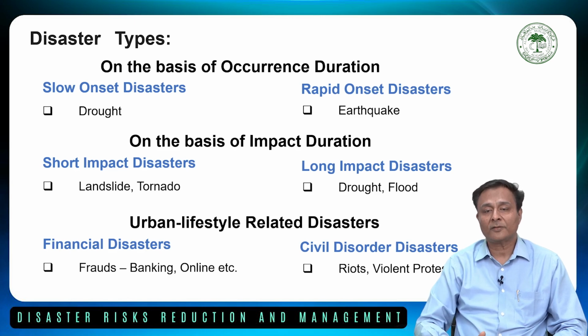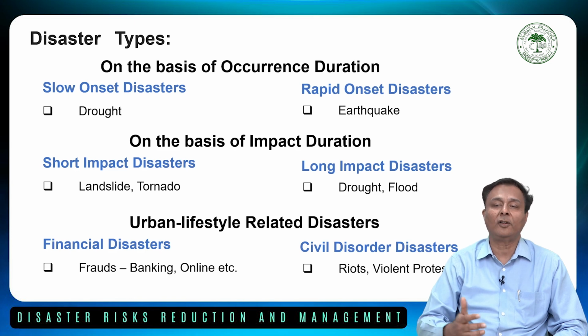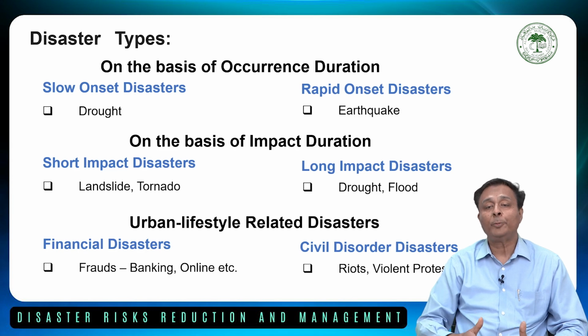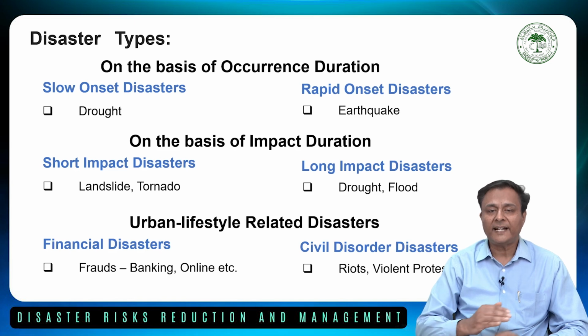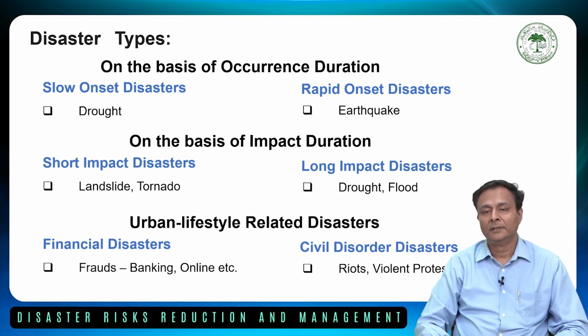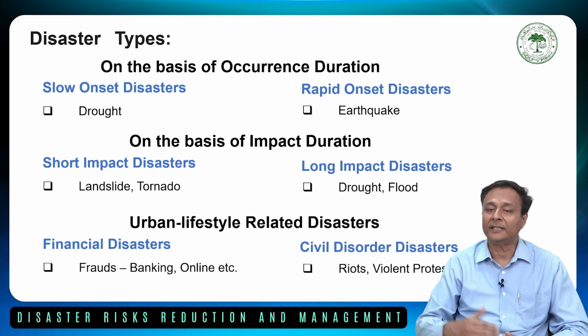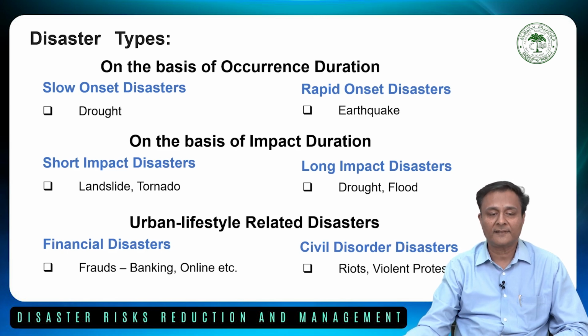These disasters are because of irregularities and disparities in the urban society, which lead to civil disorder, where societal norms or civil laws are disrespected or violated, like violent protests, riots, etc. The state laws are disobeyed. All these situations also result in some kind of losses, and these losses can be put into the category of urban lifestyle related disasters, civil disorder disasters.